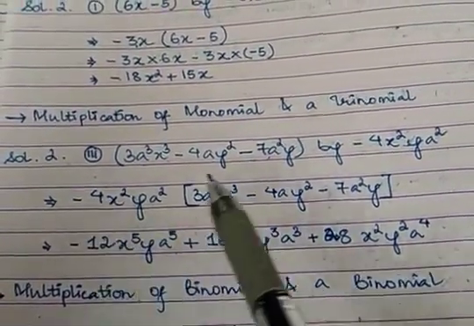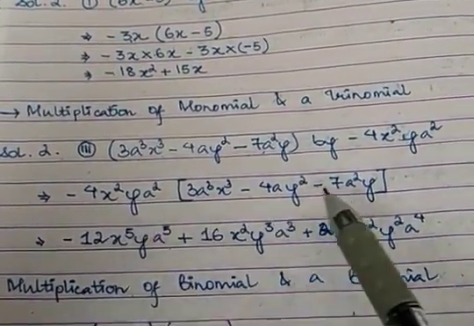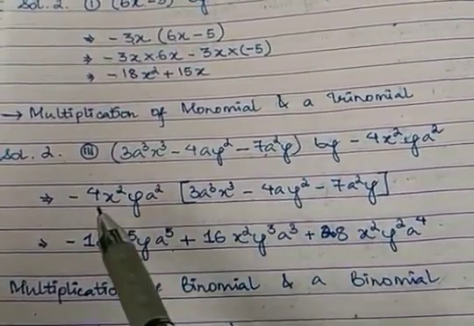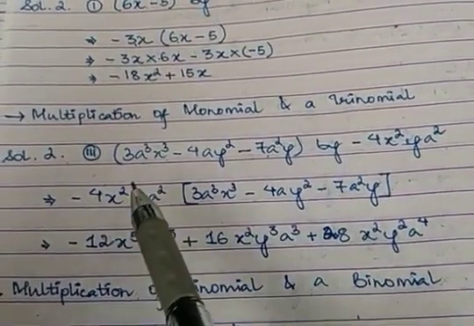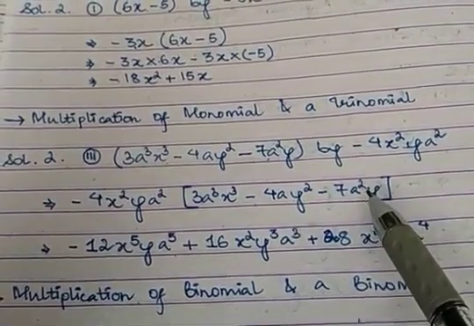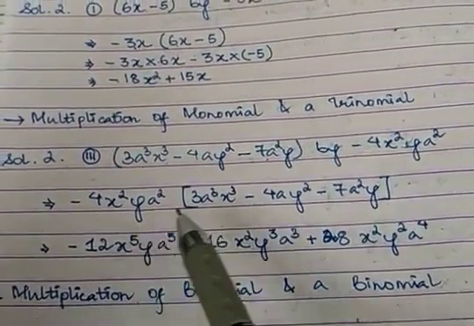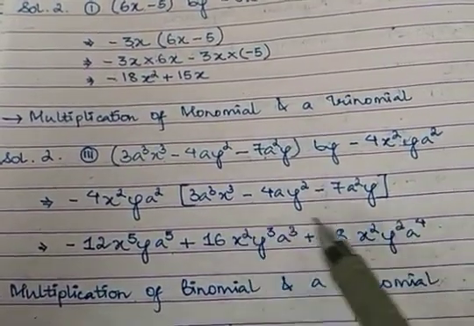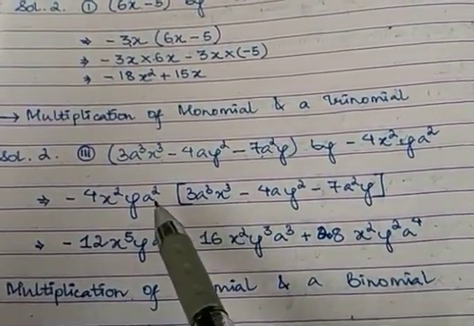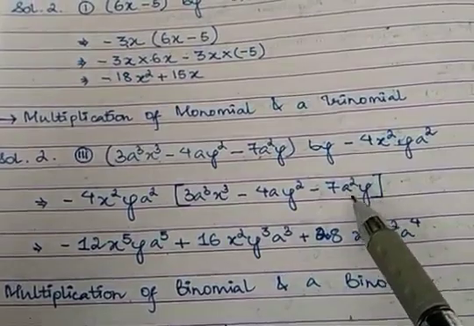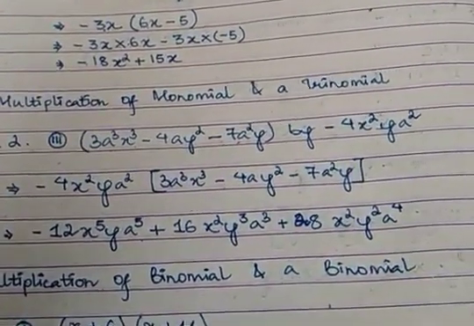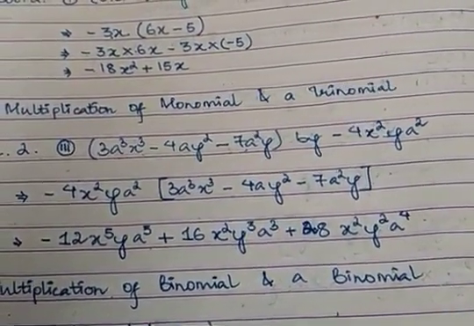Now again with the third term, minus into minus is plus. 4 7s are 28. Do we have any x squared? No, so it remains as it is, x squared. Do we have y? Yes, so y into y is y squared. Now a squared and a squared, so we have a to the power 4. Is it okay?